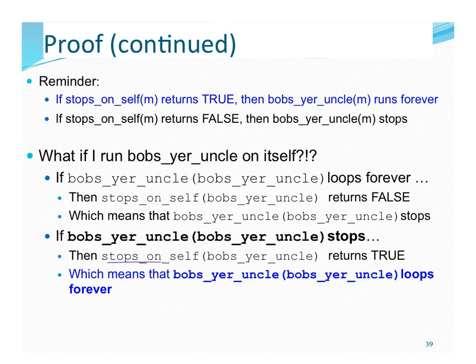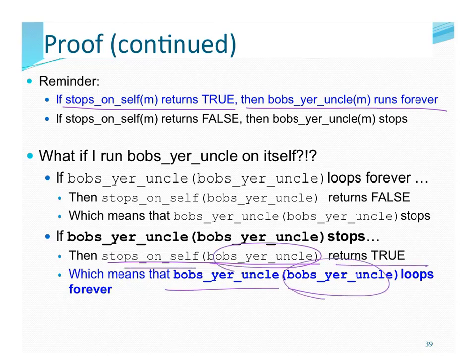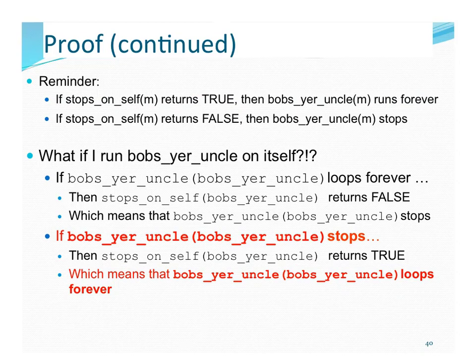And if stops on self M returns true, then Bob's your uncle on M runs forever. So if stops on self on Bob's your uncle returns true, then Bob's your uncle on Bob's your uncle should loop forever. So we've got Bob's Your Uncle run on itself stops. Bob's Your Uncle run on itself loops forever.